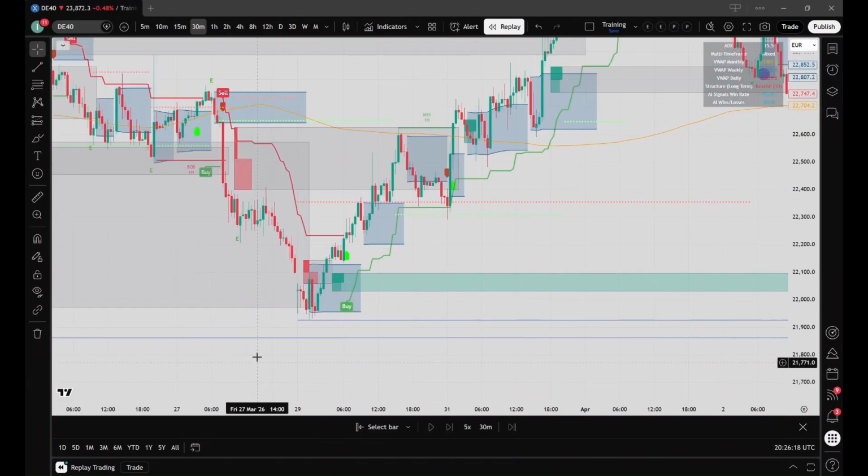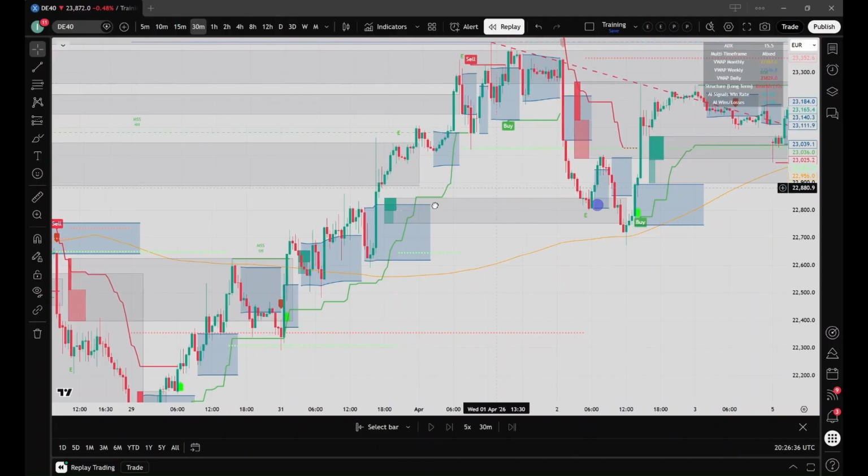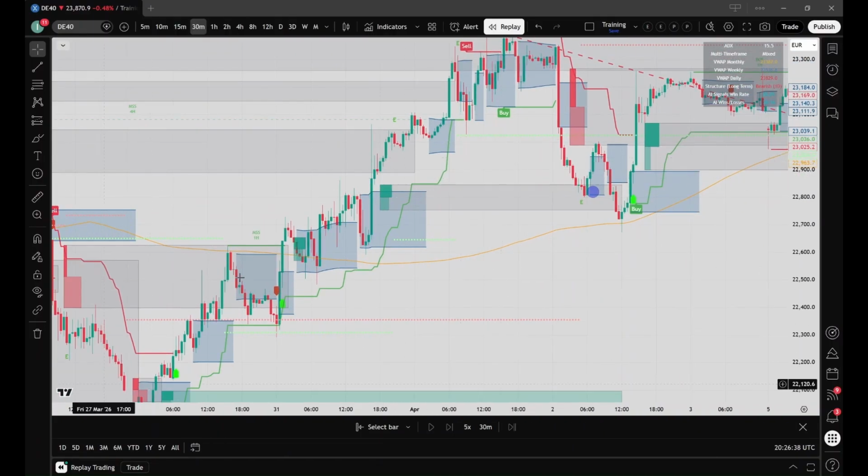For example, here you had Supertrend buy, you had AI signals saying buy, you also had a range break. Great trade. And if you really wanted to, you could have held this trade for like 2-3 days, and that would have been your entire month's payday. Done. Just one trade. So that's how powerful these range breaks and these range boxes are.